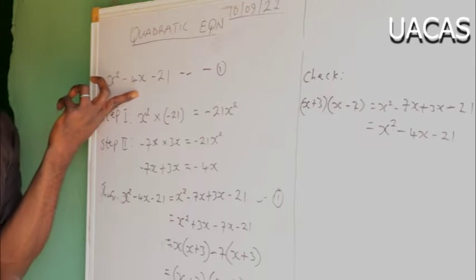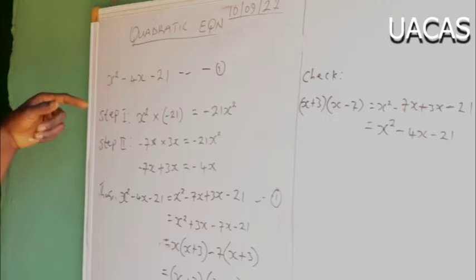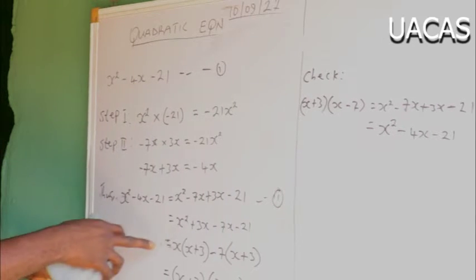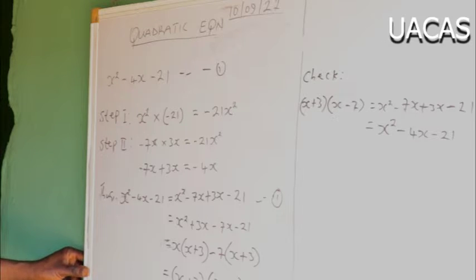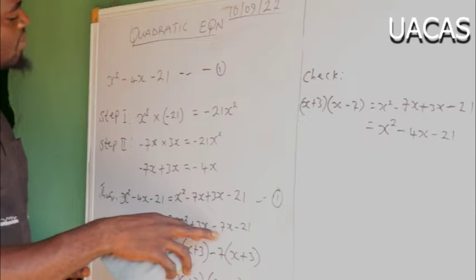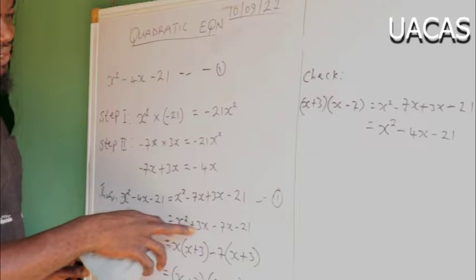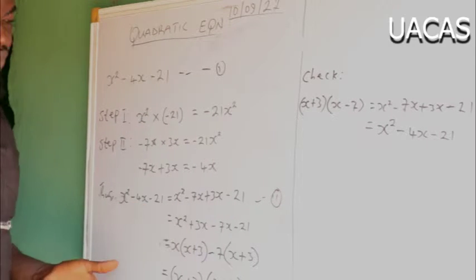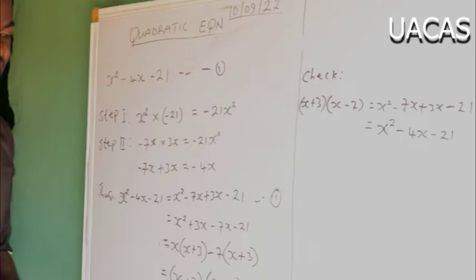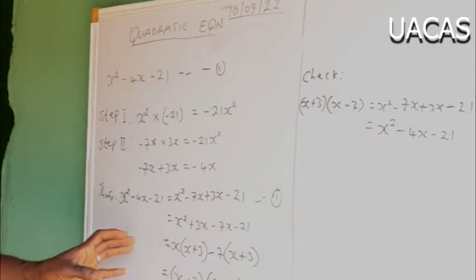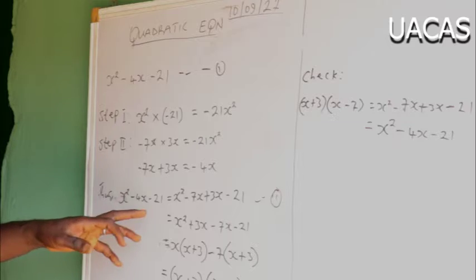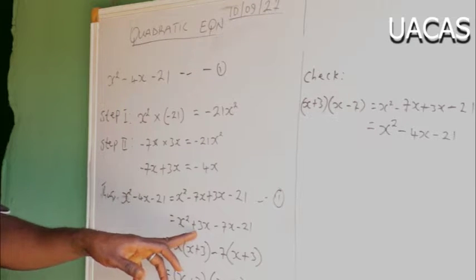The two factors can still give us minus 4x, which we did here. So we replace minus 4x with 3x minus 7x, which can still give us minus 4x. We grouped the equation from here to get here.